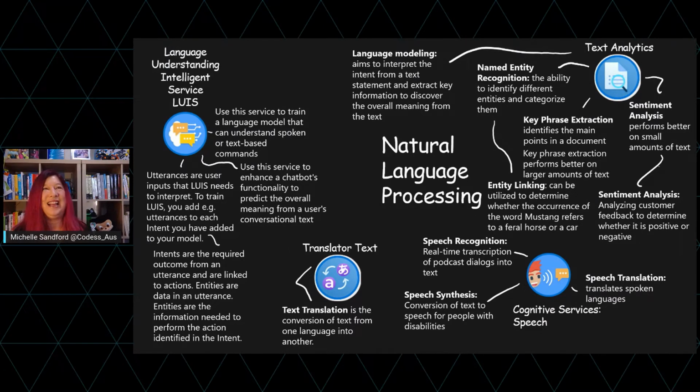But what I've done here is split it out into the different services, and then put examples of each linked to each one. This is how I hook everything together in my mind. I think about what the thing is, what the service or technology is, and then what I could use it for and what it would look like in real life. That seems to make a lot of sense for me.